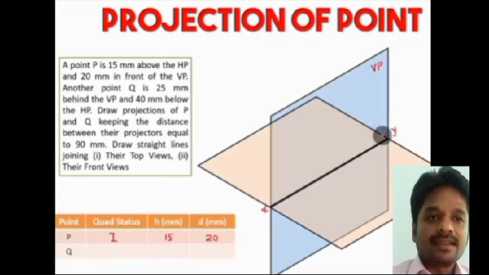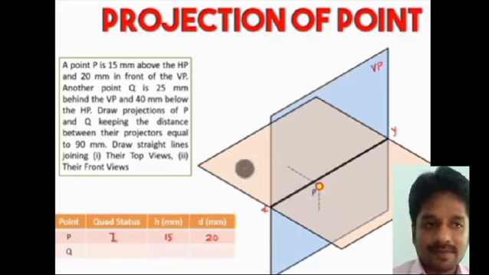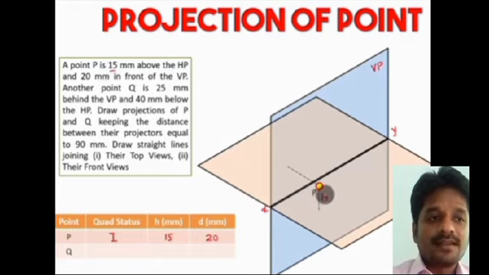It's very clear that the point P is 15 mm above HP and 20 mm in front of VP. So we are marking 15 mm above the horizontal plane and 20 mm in front of the vertical plane. Here the blue color is the vertical plane and the rose color is the horizontal plane.